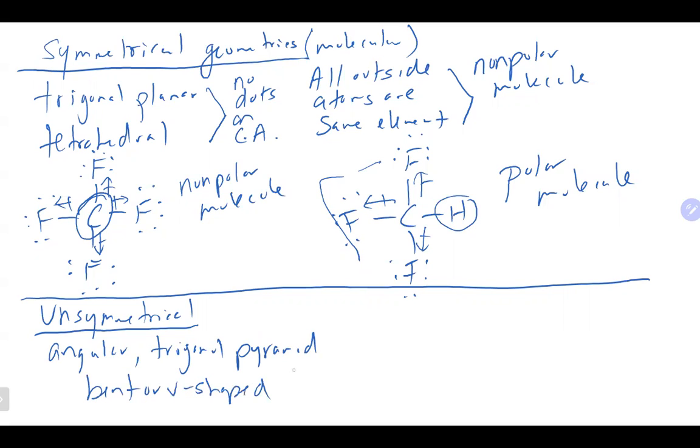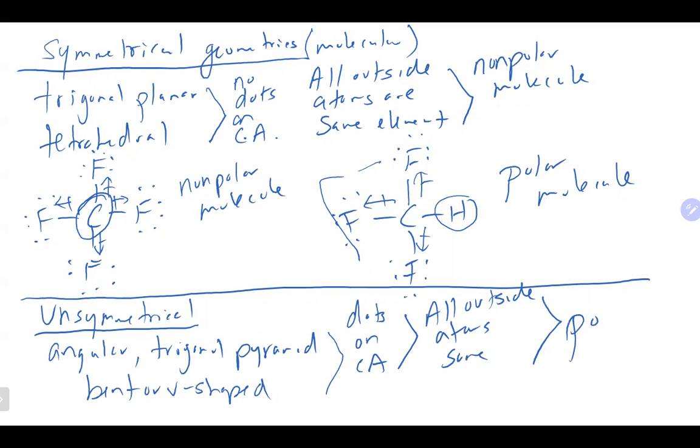And what all these guys have in common is basically when you draw your Lewis structure, there's dots on the central atom. So in this case, you draw it, you got some dots. And if this is the case, you draw it, you got some dots, and all the outside atoms are the same, it is most likely going to be a polar molecule.